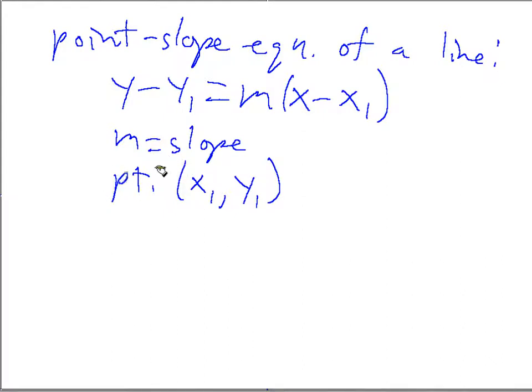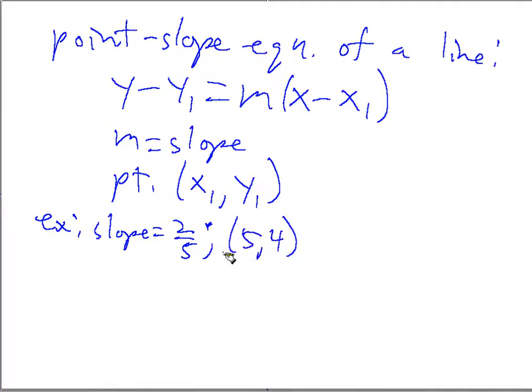Let's rework the previous problem I cleared out. The slope was 2/5 and the point given was (5, 4). Replay that part of the video if you need to see the problem again. We're asked to find the equation, and this time I'll use the point slope equation of a line.